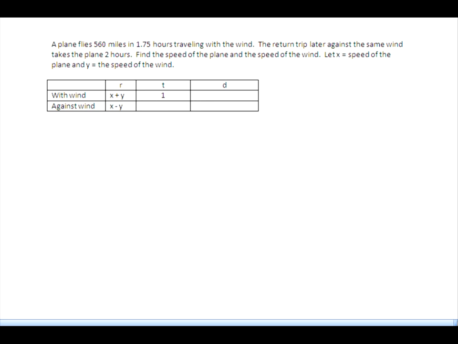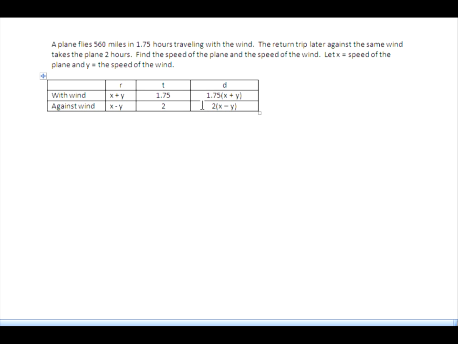Okay, the amount of time that it takes us when we're going with the wind is 1.75, and covering the same distance takes us 2 hours against the wind. Now, we know that the distance traveled is 1.75 times the quantity x plus y. And then we know that the return trip would be 2 hours times the quantity x minus y.